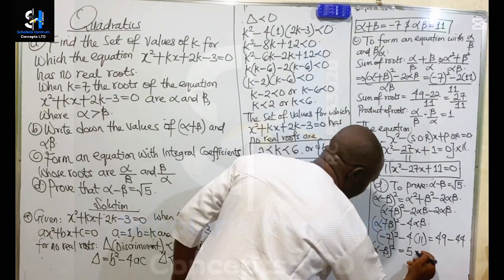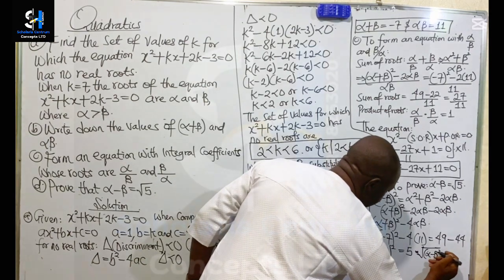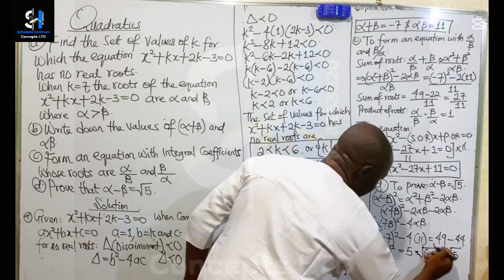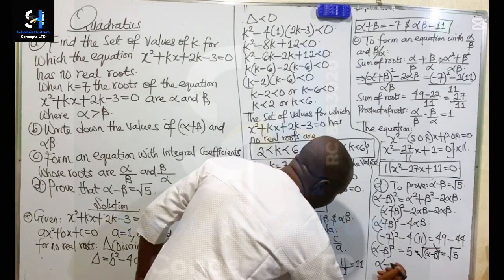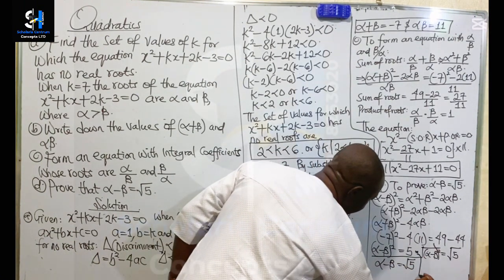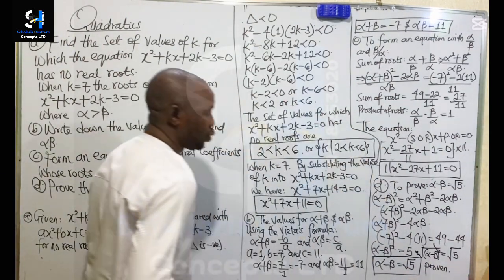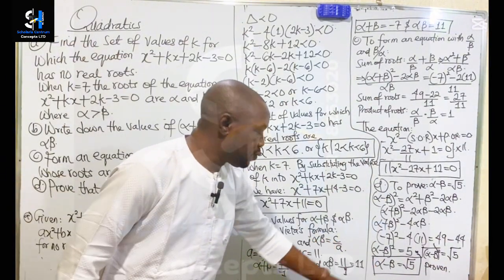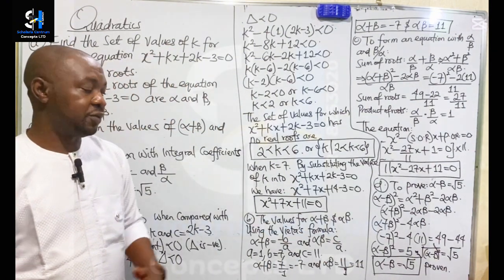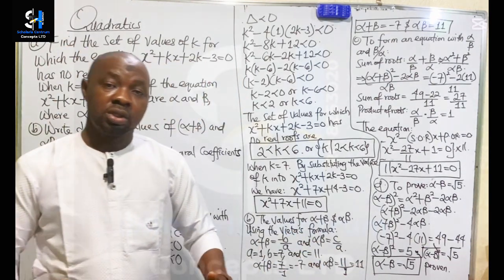If you take the square root of both sides, the square will disappear. So we can now have alpha minus beta equals the square root of 5. Proven. We have just proved that the difference between the two roots of the quadratic equation is equal to the square root of 5.